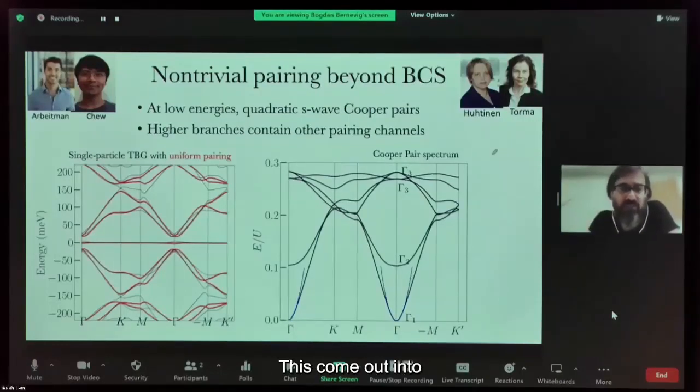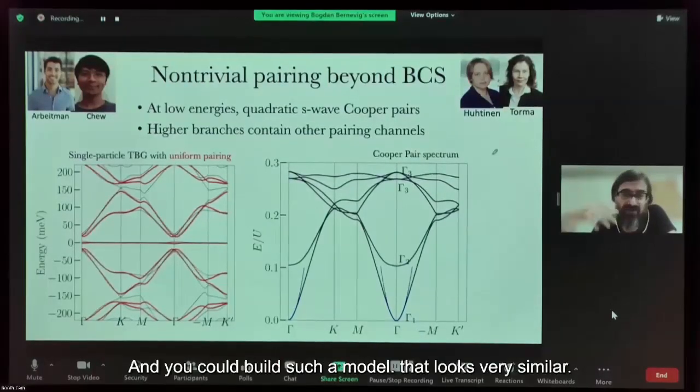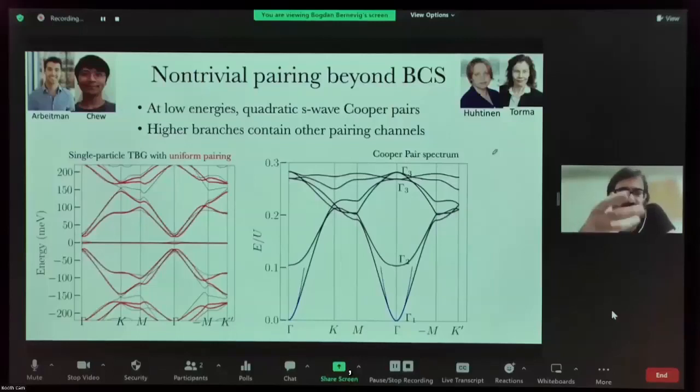And you could build such a model, for example, with non-trivial uniform pairing condition that looks very similar to twisted bilayer graphene. I guess you still would break particle-hole. We'll see very soon. You can break particle-hole, so you just have to break some symmetry.